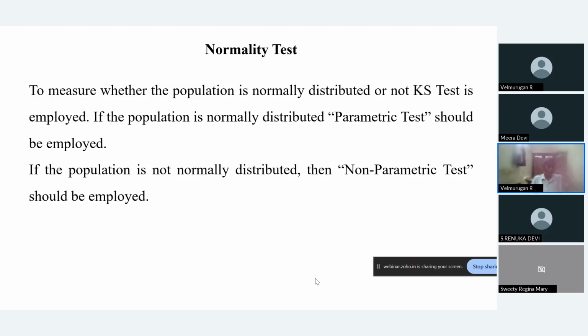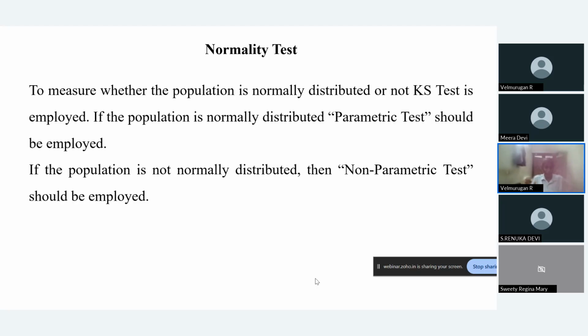So by making use of Likert scaling, you can measure normality either by employing the skewness and kurtosis test. If you employ the skewness and kurtosis test, the computed value should range between plus 1.96 and minus 1.96.